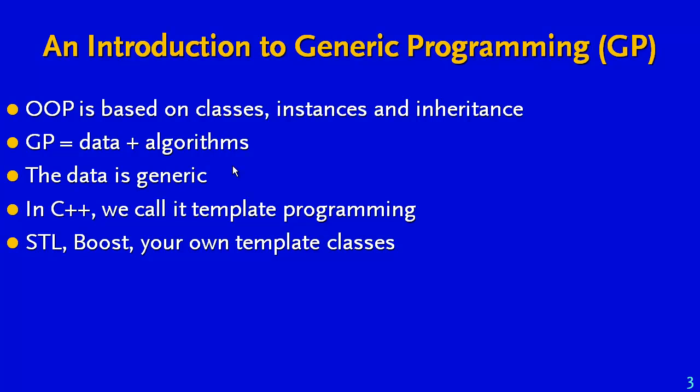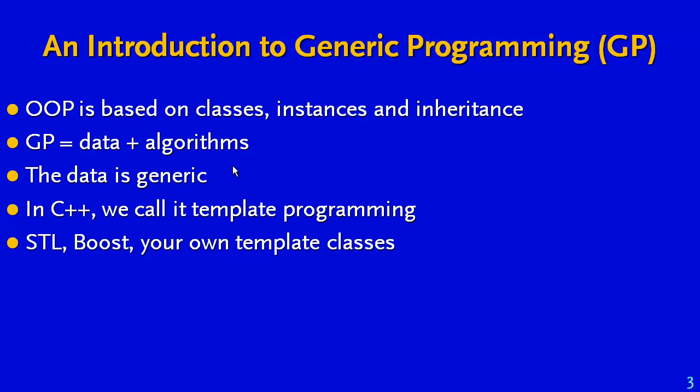The most important part about the data is it's generic. Now, what do I mean by generic? It's deferred. You don't know what the data is. It's not a double, it's not a point, it's not an option. It's some data which will be instantiated, as it were, later on. So that's very important. And this is called template programming.